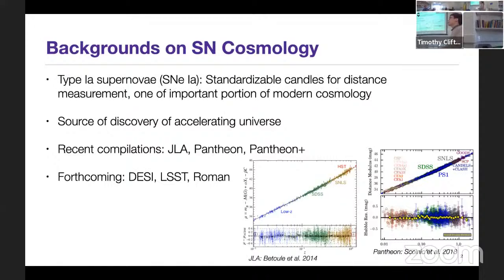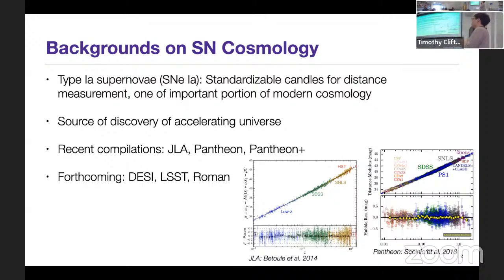Before I start, here's a brief introduction to the background on Type Ia supernova cosmology. Type Ia supernova is used as a standardizable candle for distance measurement and has become one of the important pillars of modern cosmology. It's well known as the source of the discovery of the accelerating universe, and also has many important roles in cosmology.